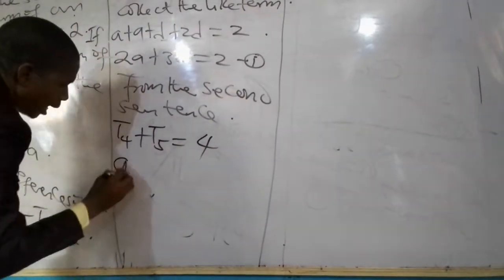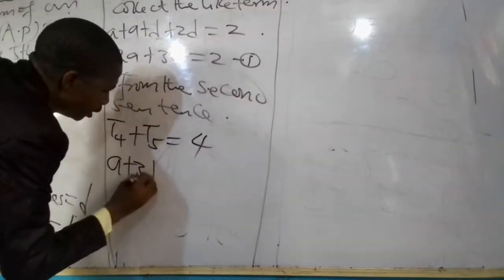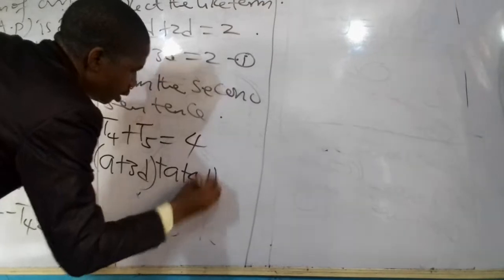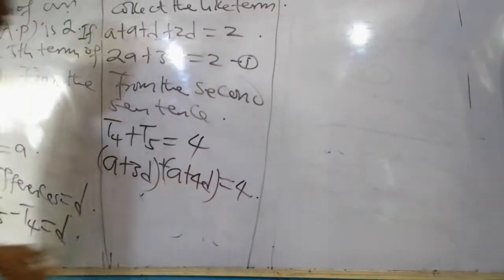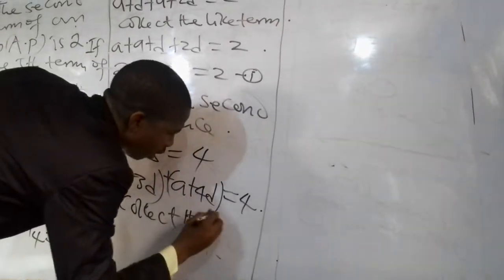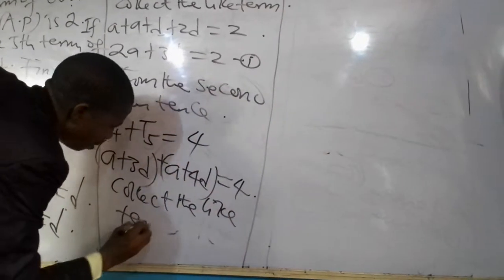T sub 4 rather, that's A plus 3D. Our T sub 5 is A plus 4D, which is equal to 4. We collect the like terms.